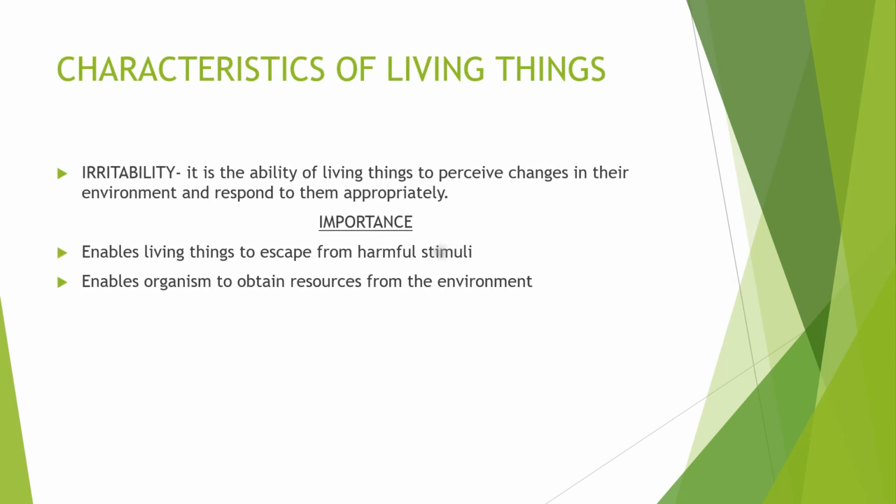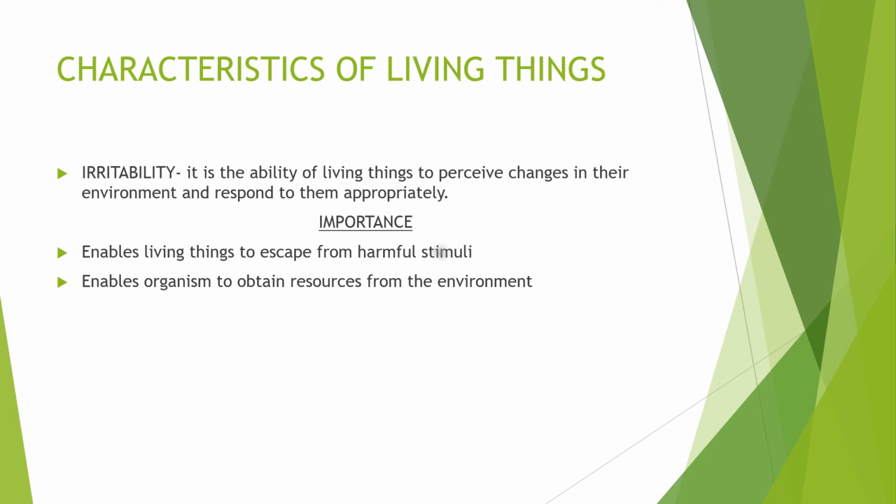The next is irritability, which is the ability of living things to perceive changes in their environment and respond to them appropriately. Living things respond to changes such as temperature, humidity, light, cold, or heat. For example, when a human being touches a hot object, he or she will try to withdraw the hand.